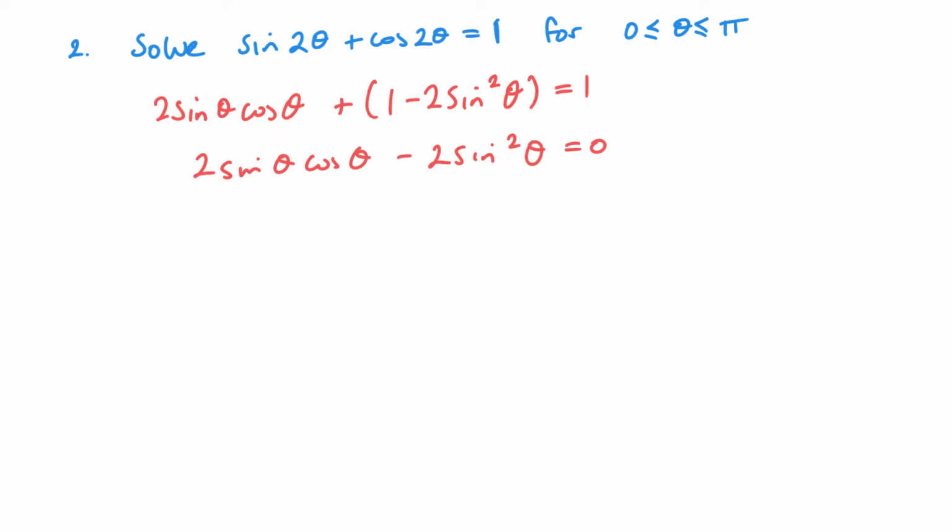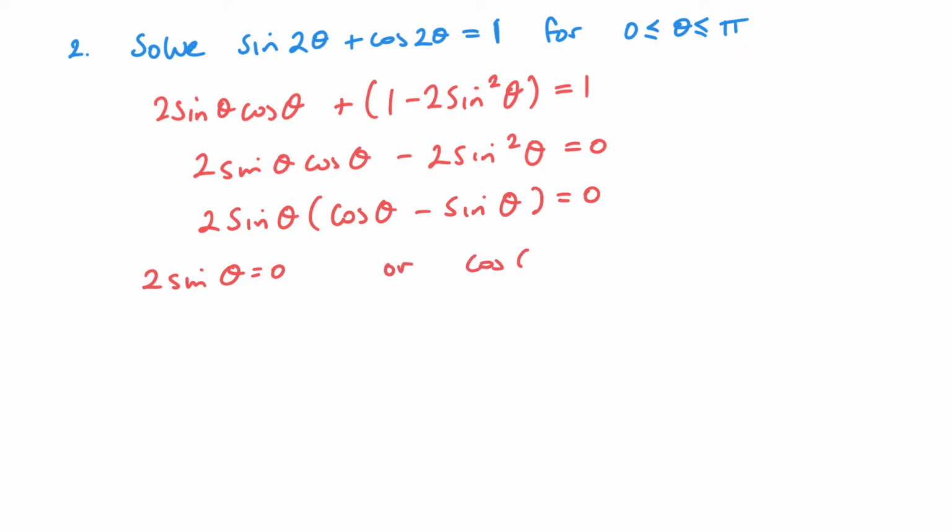Now, again, I need to be careful here, make sure I'm factorising. So I can factorise out 2 sine theta, with cos theta minus sine theta equals 0. So 2 sine theta equals 0, or cos theta minus sine theta equals 0.